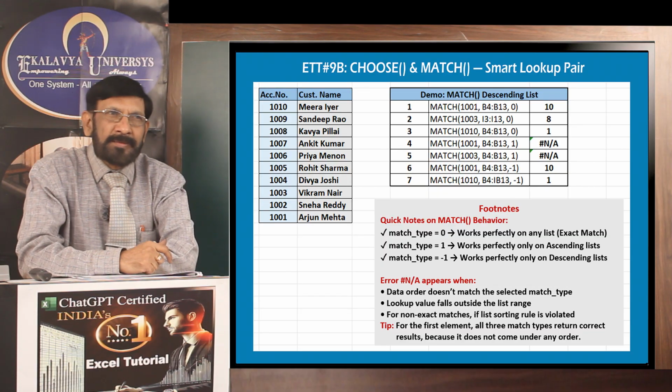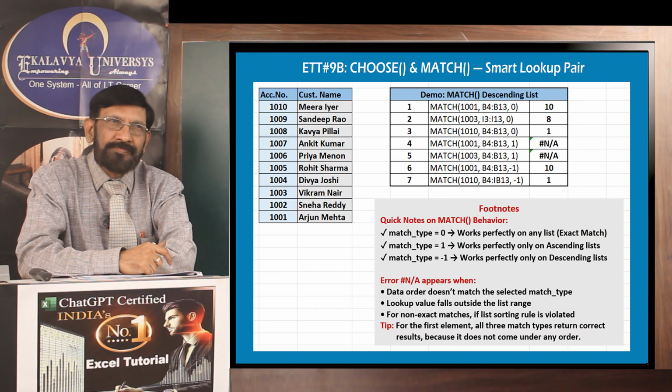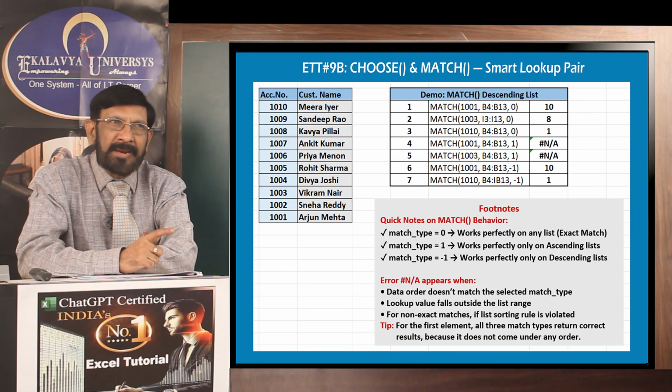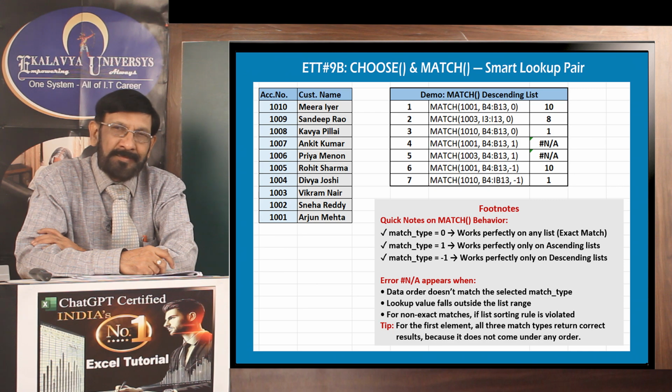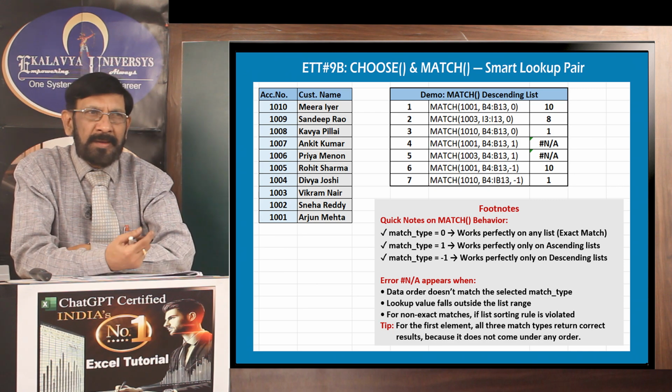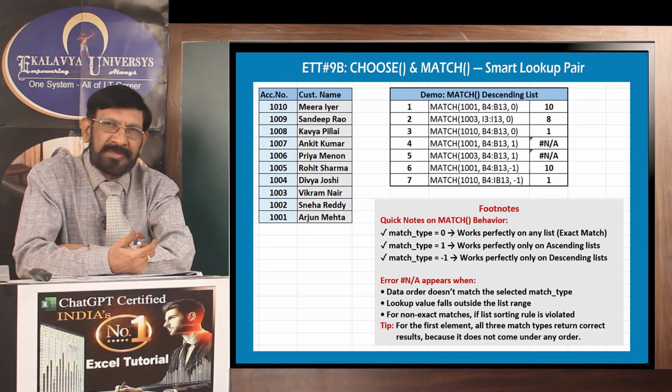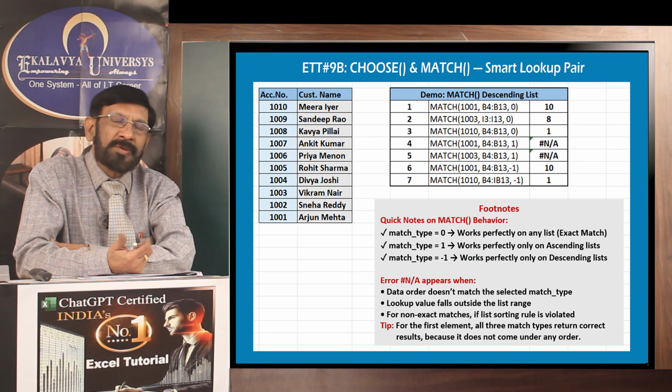So if you see the table, everything is correct, but where 1 is there, you see that the 4th and 5th items are not applicable, error has come. The last ones are in descending order, that's why no error will come.